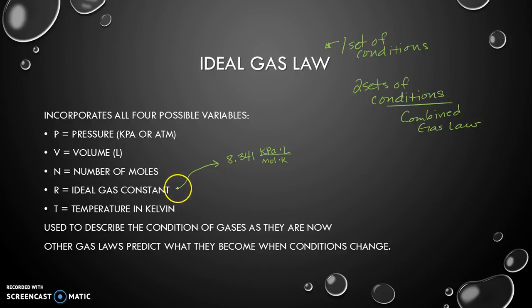You could also have it in atmospheres, and then it would be 0.0821, at least I think that's the number, in units of atm times L over moles times Kelvin. So you'll use one of those two at all times. I like atmospheres, so I'll probably use the 0.0821 all the time, but that's just personal preference. If it doesn't specify, you can use either one.